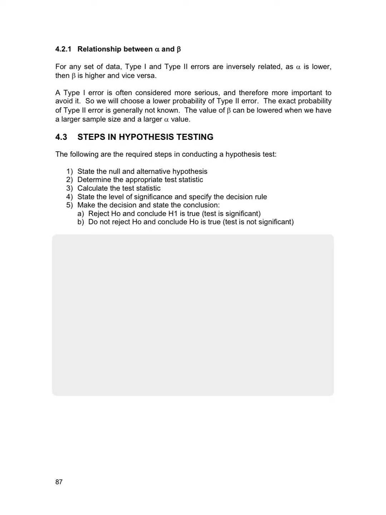Type 1 error tadi rejecting true, benda yang betul tapi kita salah. Itu yang paling bahaya lah kalau kita cuba elakkan. So we will choose a lower probability of type 1 error. The exact probability of type 2 error is generally not known. The value of beta can be lowered when we have a larger sample size and a larger alpha value.